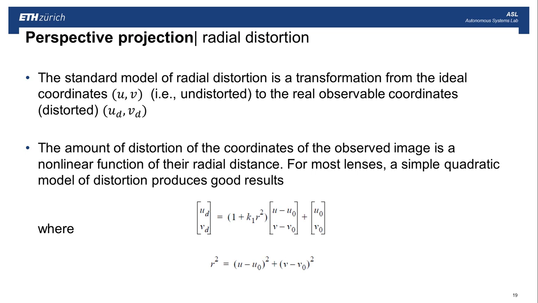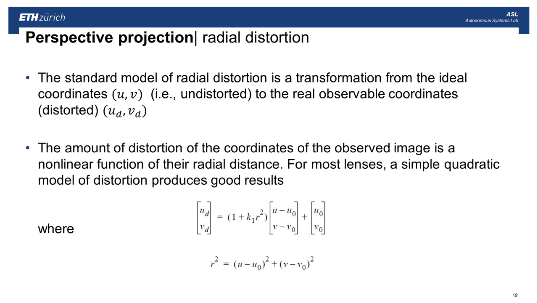The amount of distortion of the coordinates of the observed image is a nonlinear function of their radial distance. For most lenses, a simple quadratic model of distortion produces good results. As you can observe, this model adds a distortion component to the image point, which is proportional to the square of the distance of the point from the image center.